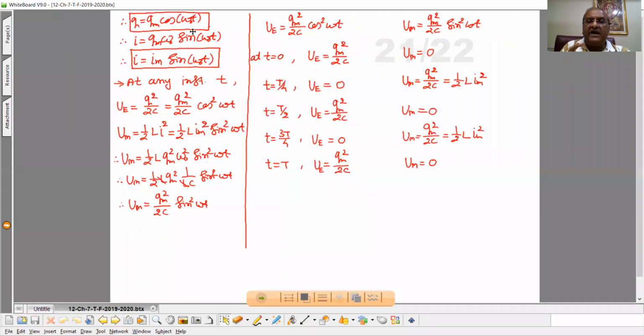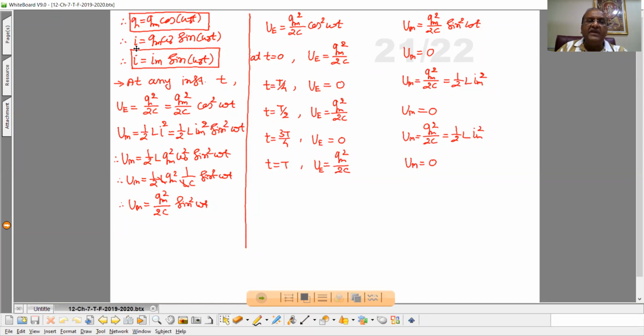Now if we substitute phi equal to 0 in the solution of the differential equation, q equal to qm cos (omega t plus phi), we will get q equal to qm cos omega 0 t. Now I is the differentiation of this, dq by dt, with a negative sign.